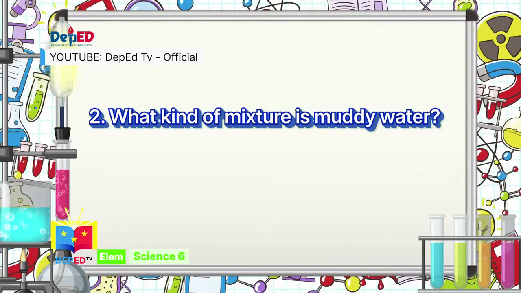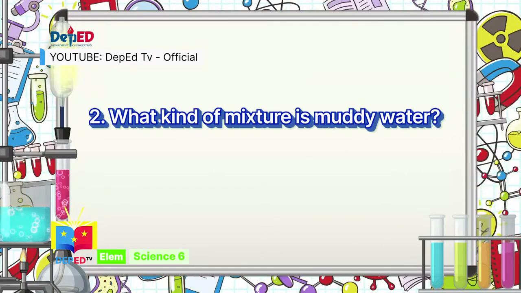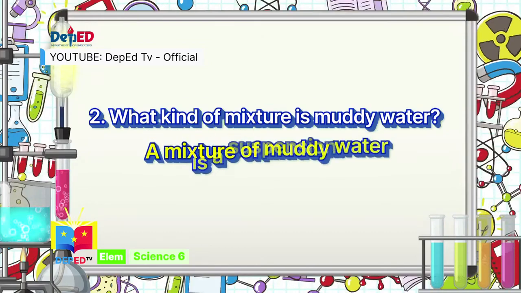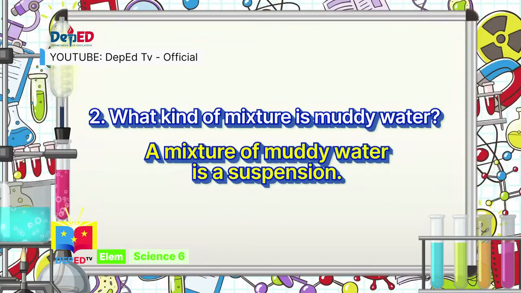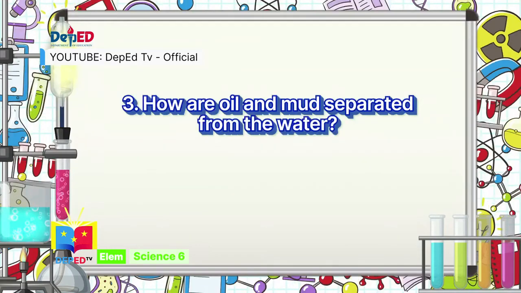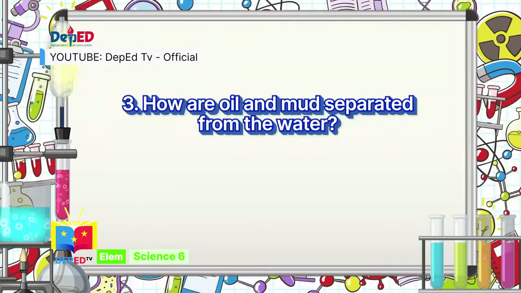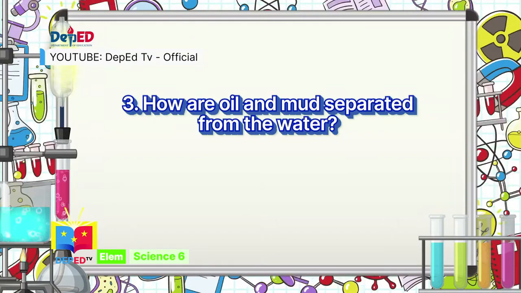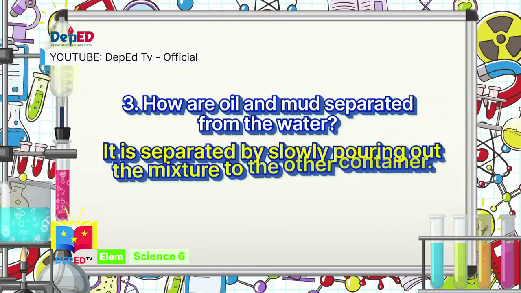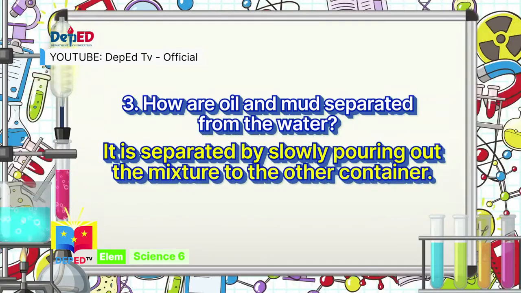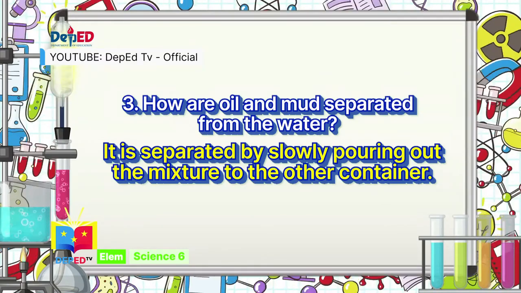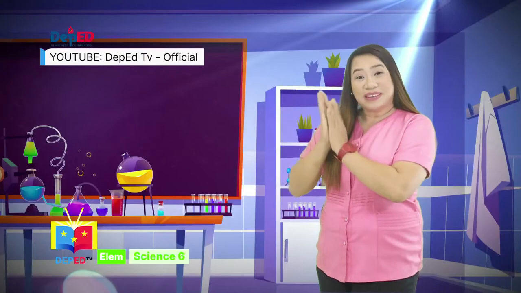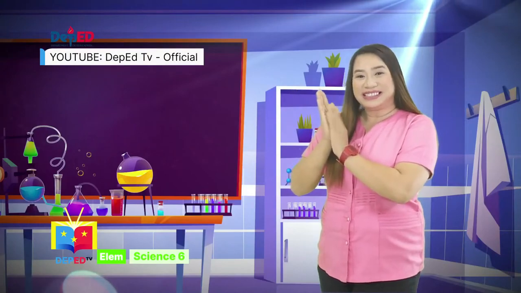What kind of mixture is muddy water? Correct! A mixture of muddy water is a suspension. How are oil and mud separated from the water? Good! It is separated by slowly pouring out the mixture to the other container. Very good, my dear learners.